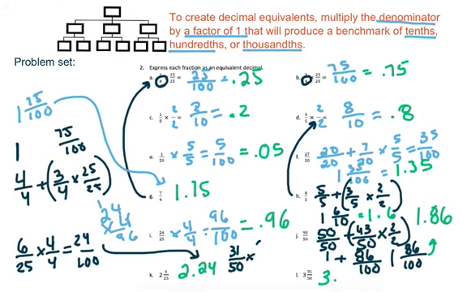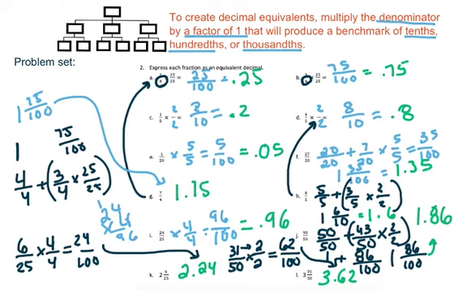I know that 50, I need to multiply by 2 to get to 100. So 31 times 2 would be 62. So this would be 3 and 62/100ths. If I take that 62/100ths as a decimal, 3.62. Ooh, that's a doozy.